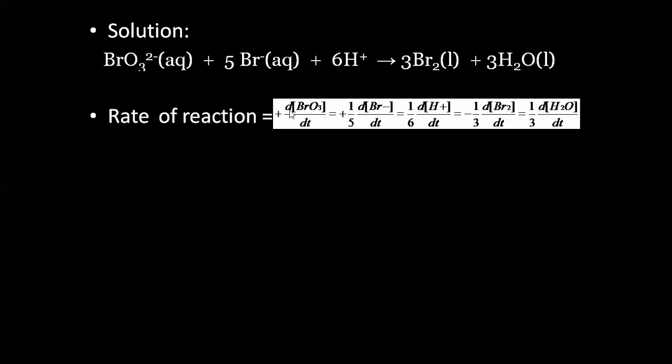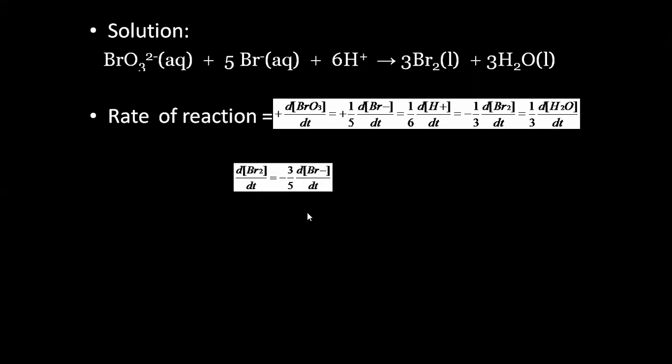This has to be minus d[BrO3^-]/dt since it is a reactant, minus 1/5 d[Br^-]/dt, and equal to minus 1/6 d[H^+]/dt. All of this will be minus instead of plus, and this will be plus 1/3 d[Br2]/dt. This has to be plus because it is the product, and plus 1/3 d[H2O]/dt.